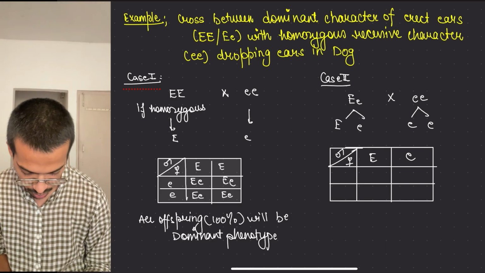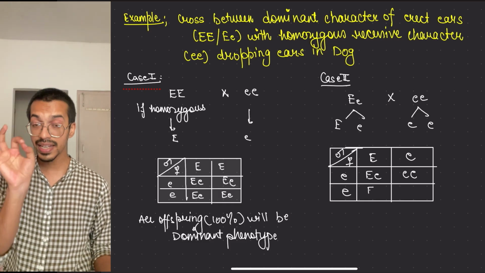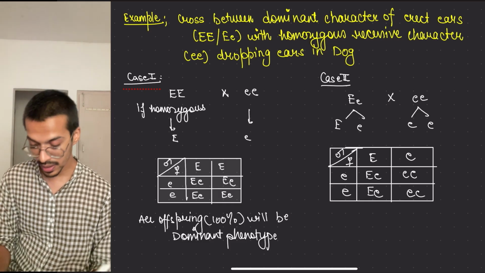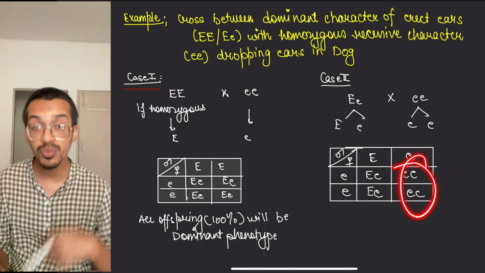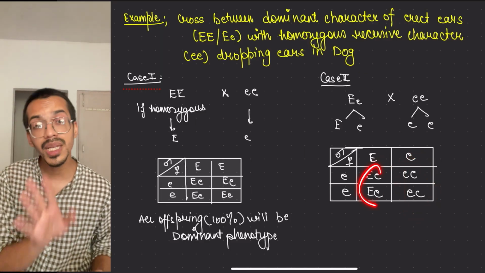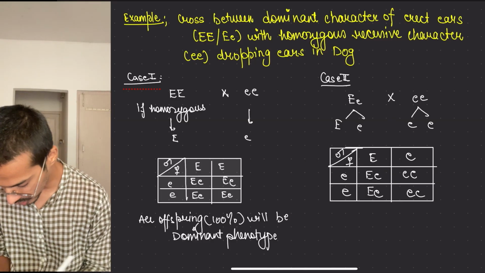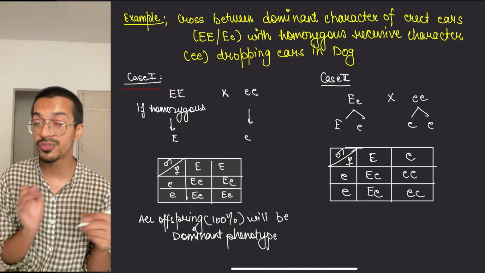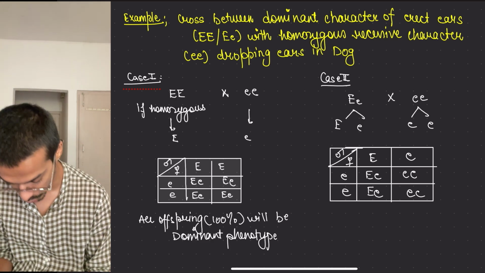So capital E, small e, capital E, small e. Here the phenotype is different. If you see this phenotype, it is recessive. This is dominant. So 50% of my babies, if I would be heterozygous, would show dominant characters and 50% would show drooping ears.